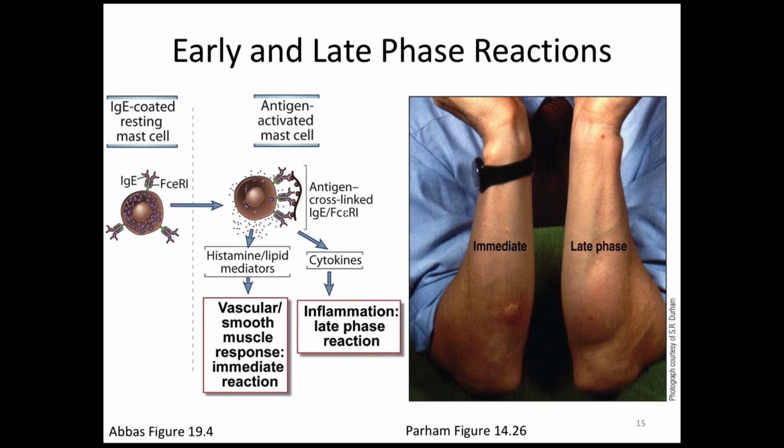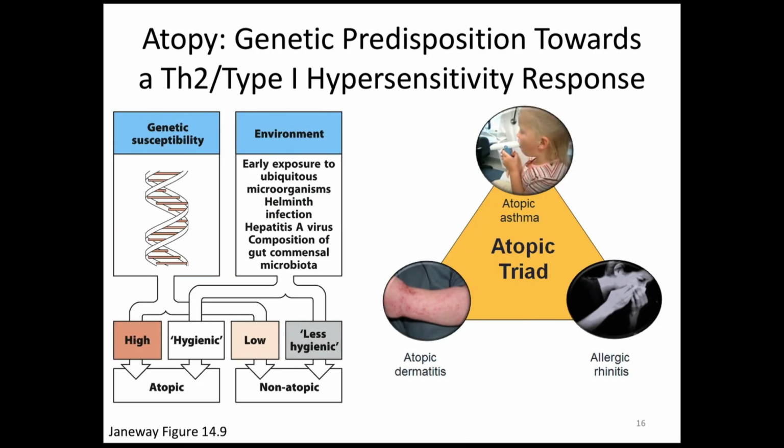As I have mentioned a number of times, there seems to be a pretty big genetic component to this. There are some individuals who we know are what are known as atopic, or these individuals have atopy, which seems to be a predisposition towards making a Th2 response.